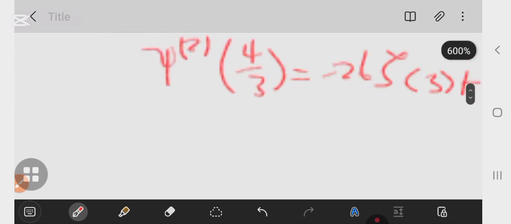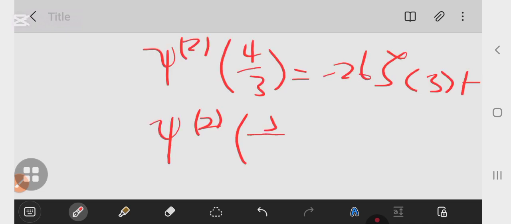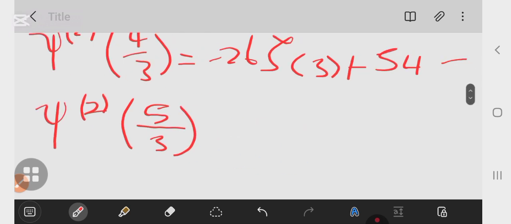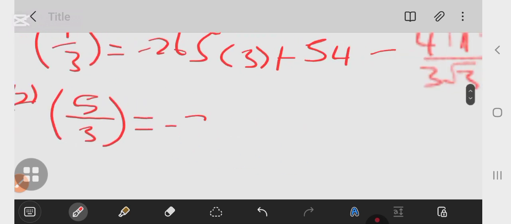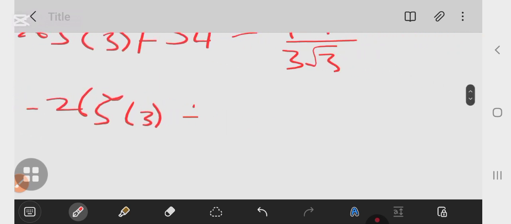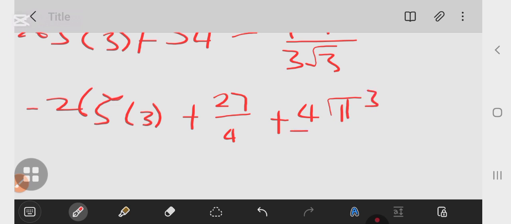Then trigamma 5 over 3 is equivalent to minus 26 zeta 3 plus 27 over 4 plus 4 pi cube all over 3 root 3.